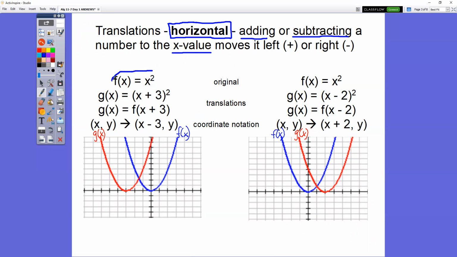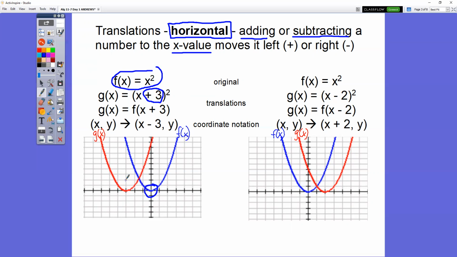So again, we have our original one in the blue. If we just add 3 to the x value, that's going to make it go 3 places to the left on the x-axis. Notice that our original one was right here at 0, 0. We're going 1, 2, 3 places to the left.